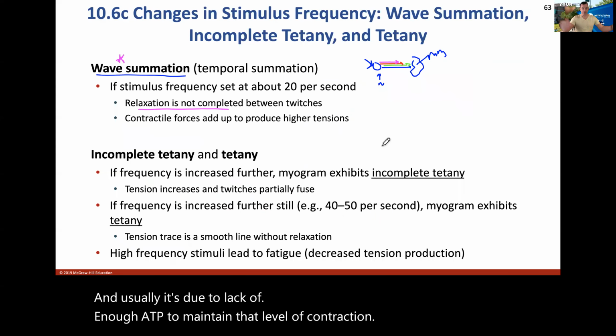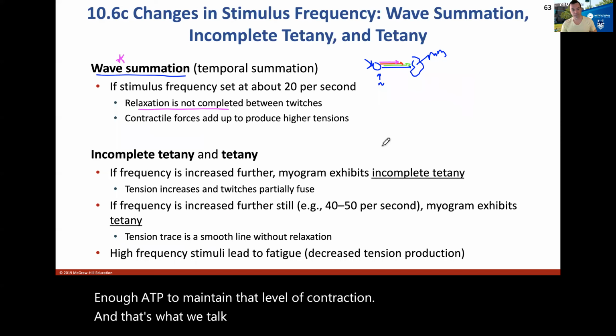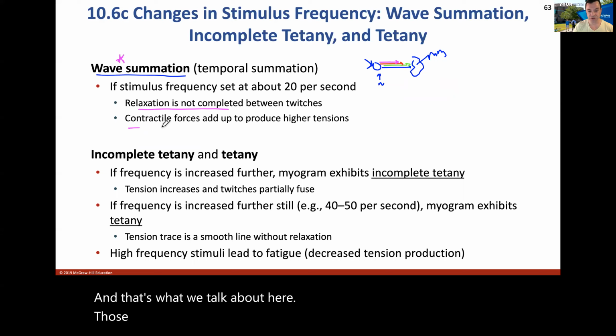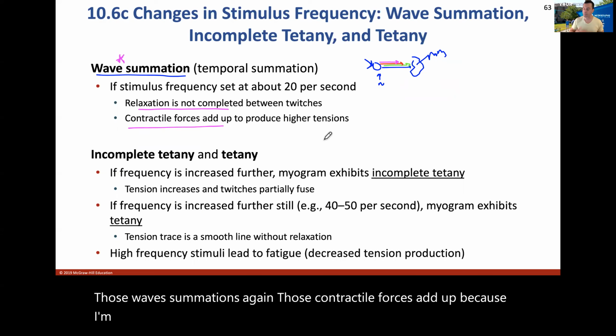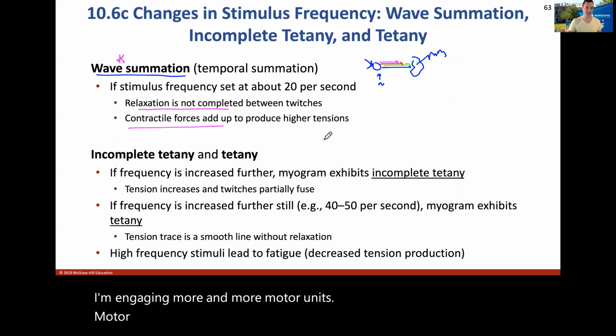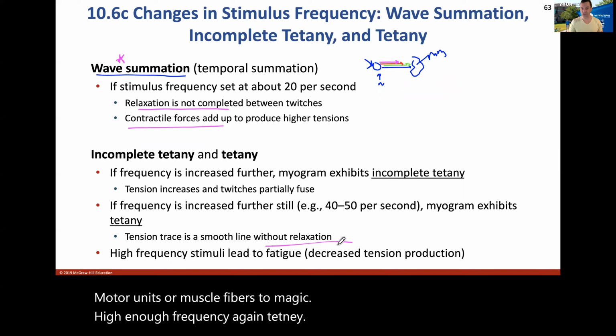And that's what we talk about here. Those wave summations, those contractile forces add up because I'm engaging more and more motor units. More motor units, more muscle fibers, ta-da, magic. High enough frequency, tetany, no relaxation at all.